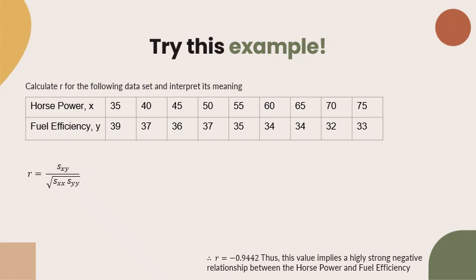If you have done it, you will get R equal to negative 0.9442. This is quite different from the previous one, where we got a highly positive relationship, but for this example R is equal to negative 0.9442. Thus this implies a highly strong negative relationship between horsepower and fuel efficiency.